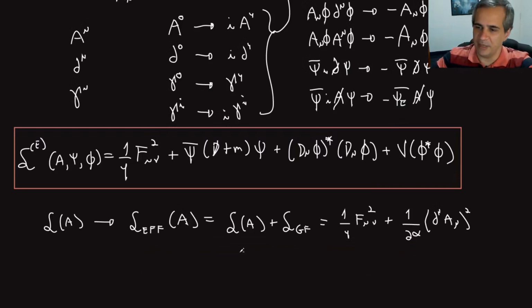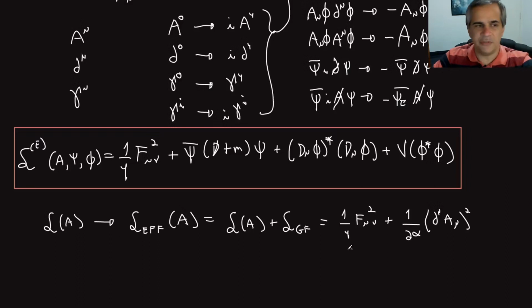But instead of having just this L of A, I have this whole thing, and I still get a gauge fixing term that will combine with this one. I can write now a quadratic term for this and get the photon propagator, just like before. So that's the first thing I do: I use the Faddeev-Popov trick and fix the gauge in the Lagrangian, and I don't have to worry about that anymore.